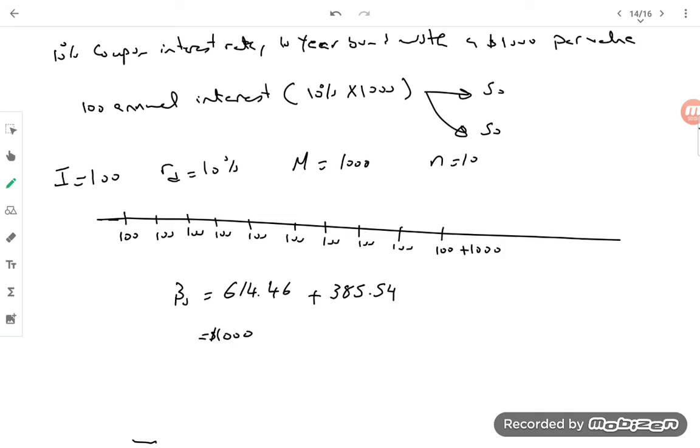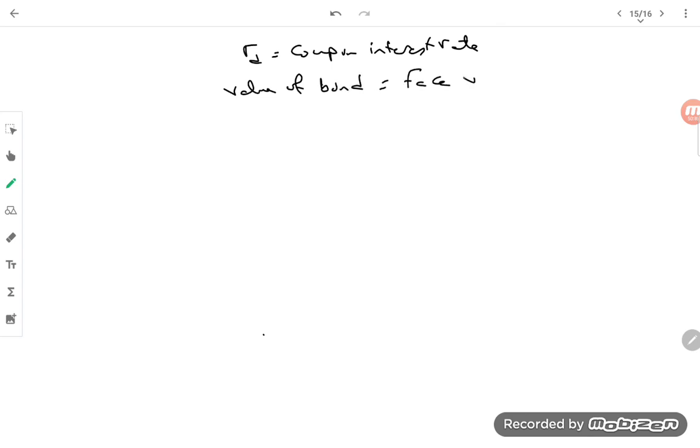So in practice, the value of a bond in the market is rarely equal to its par value. This is just the case if the coupon interest rate is equivalent to the required rate of return. So in this case, if required return equals coupon interest rate, the value or price of the bond will be equivalent to the face value.